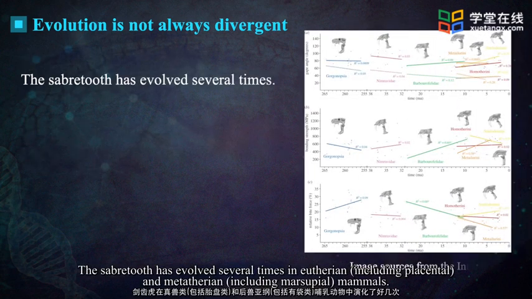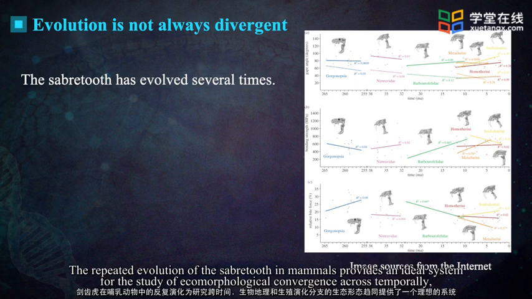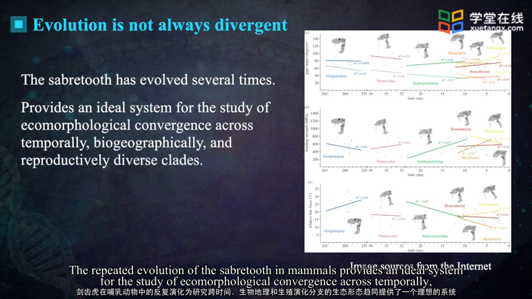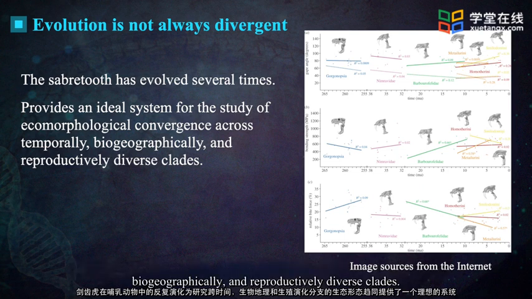The saber-tooth has evolved several times in Eutherian, including placental, and Metatherian, including marsupial mammals. The repeated evolution of the saber-tooth in mammals provides an ideal system for the study of ecomorphological convergence across temporally, biogeographically, and reproductively diverse clades.